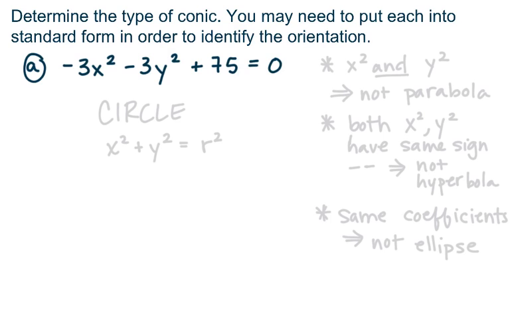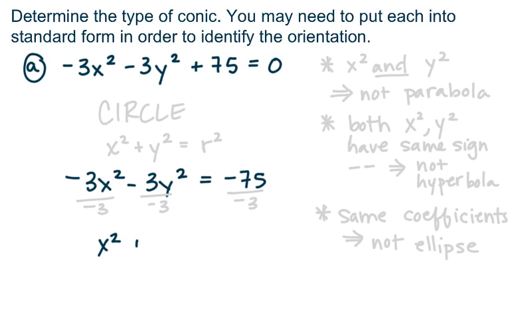What I'm going to do is move this constant term over to the right side of the equation. So negative 3x squared minus 3y squared equals negative 75. Then I'm going to divide everything by negative 3 because I've got that common factor on the left. That gives me x squared plus y squared, now both of those are positive, equals positive 25.